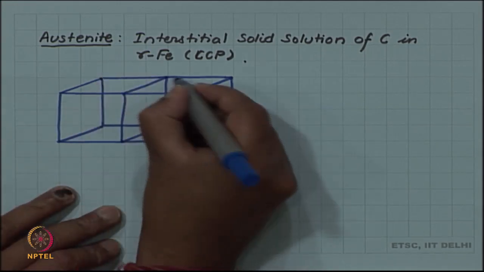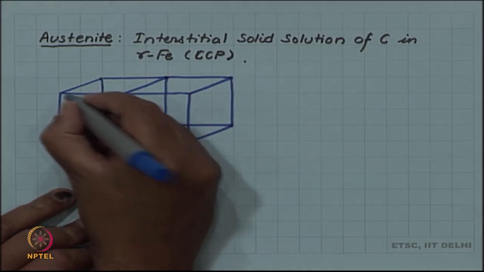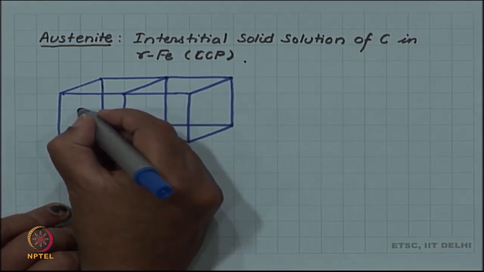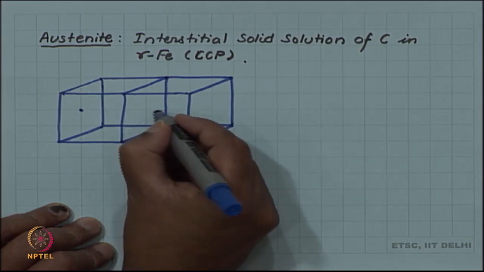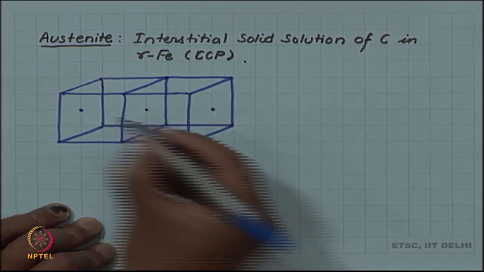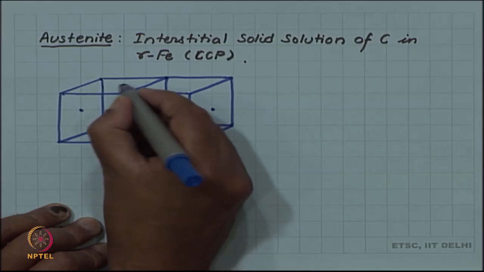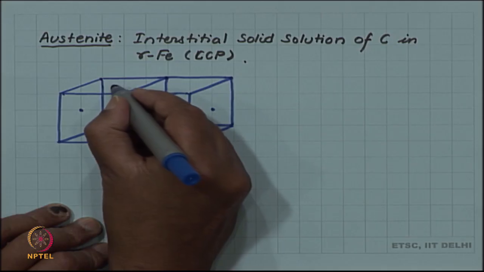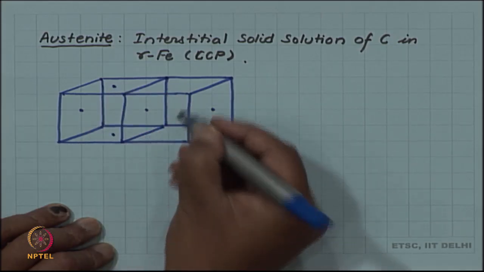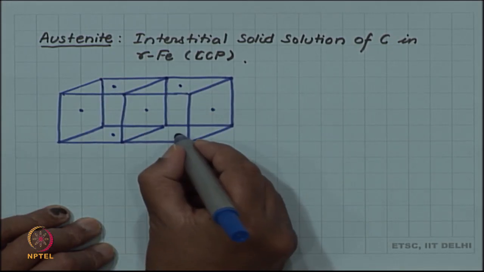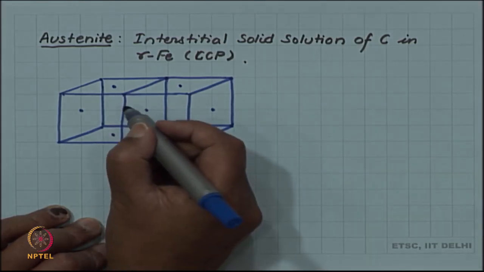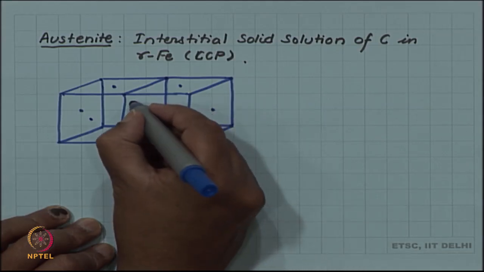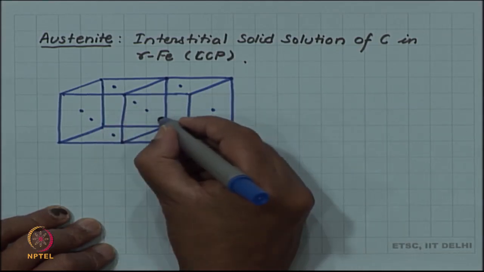So, the lattice points, as you know, are at the corners and also at the face centers. So, lattice points at the face centers, so these left and right face centers, and then you will have top and bottom face centers, and also the front and the back face centers.